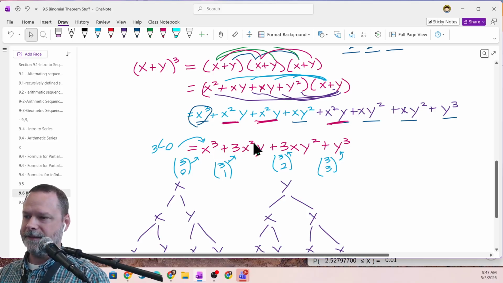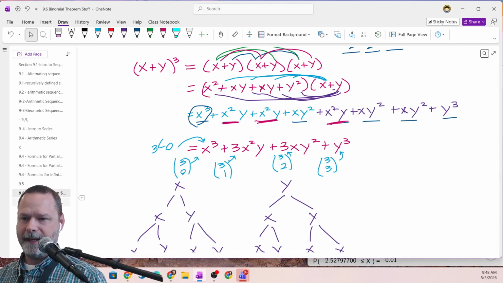Our second term, x is n minus 1. Third term, x is n minus 2. Our powers of the x are going down as we go along. Powers of the y's are going up. First term, the power of the y is 0. The second term, power of the y is 1. So the power of the y is also the same as that choose. And so we can see that here also.